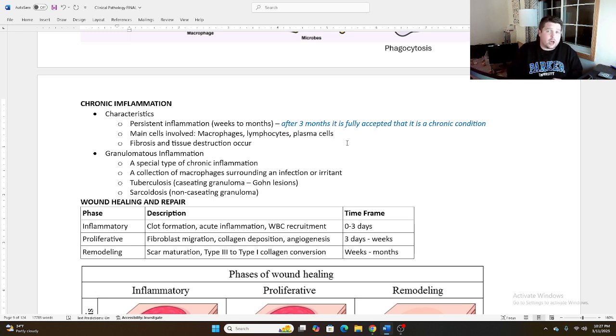I'm not 100% sure which specific textbook boards like. Some say that for conditions, it's more like 21 days or 3 weeks. Others say all the way up to 3 months. I believe the most accepted is 3 months. After the 3-month mark, we officially determine a condition to be chronic.